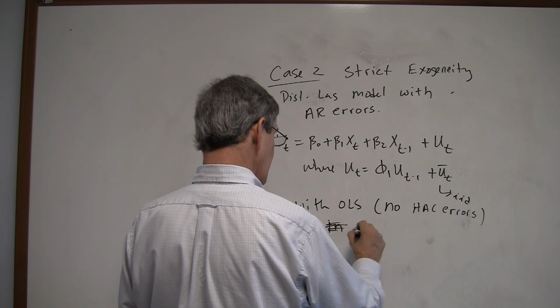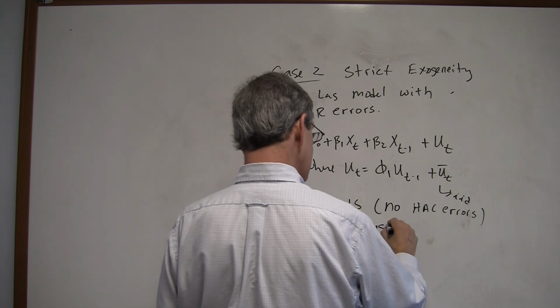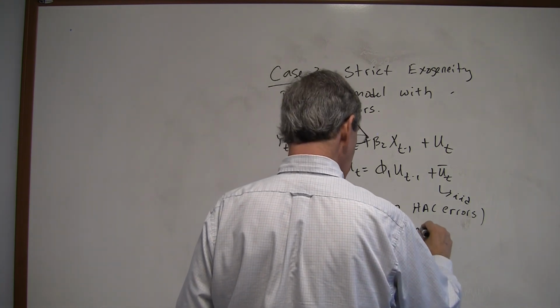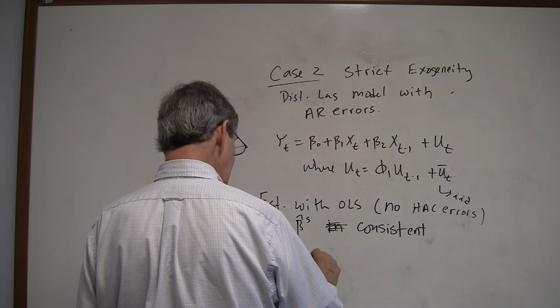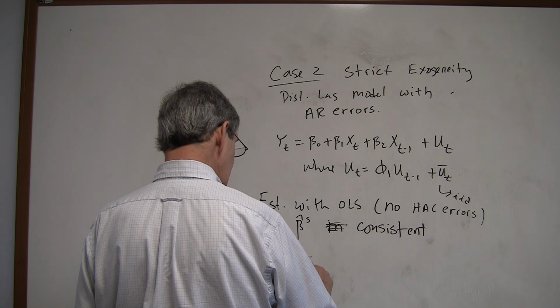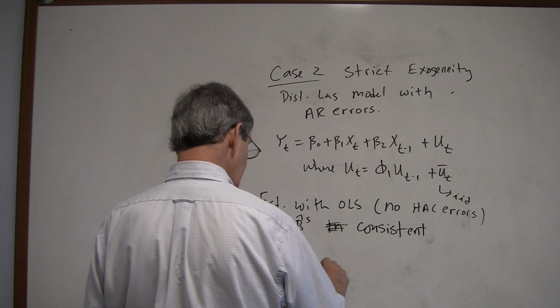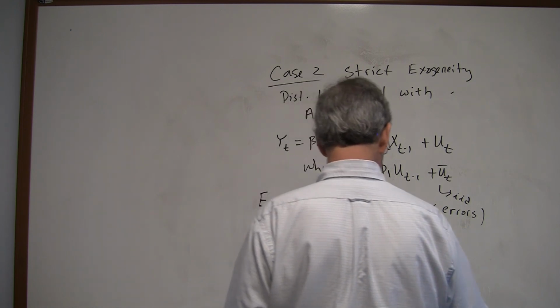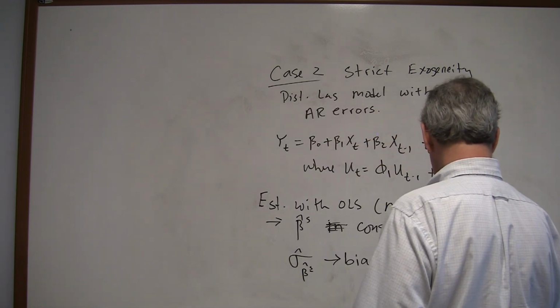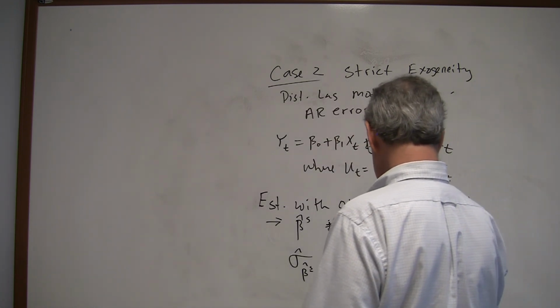Sorry, that's important. They'll be consistent. So that's not what the problem is. But the estimated standard deviation or the variances, whichever, of the beta hats will be biased. And that leads to biased test statistics.